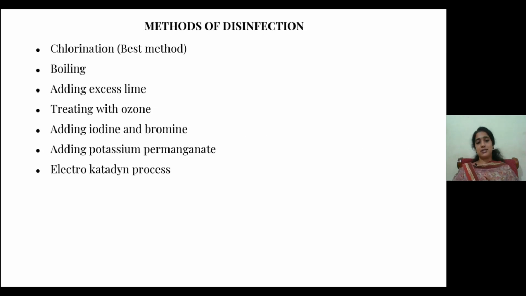Then, methods of disinfection. Chlorination is the most accepted and worldwide used disinfection method, and different types of chlorination exist, using different chlorine-generating chemicals. The other methods are boiling, adding excess lime, treating with ozone, adding iodine and bromine, adding potassium permanganate, and, the last one, the electrocatalysis process.